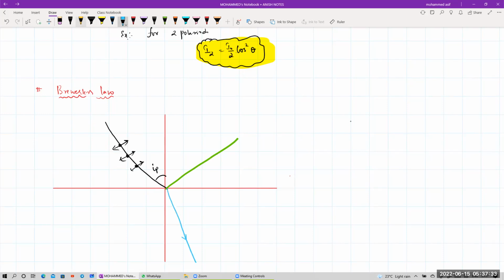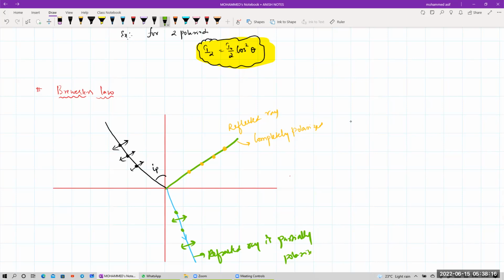Here the reflected ray is completely polarized, whereas the refracted ray is partially polarized.